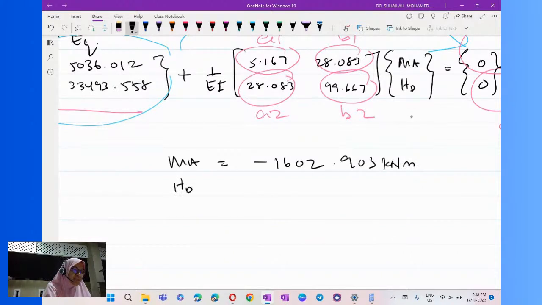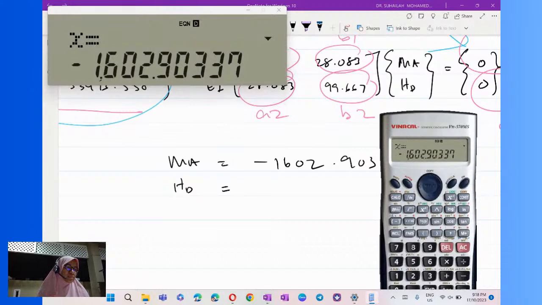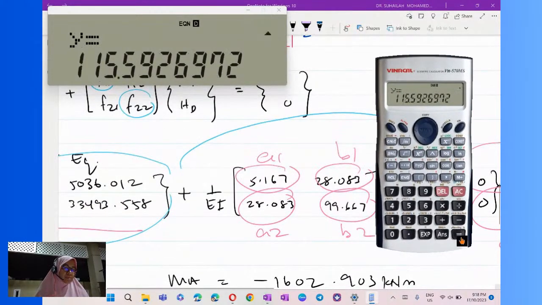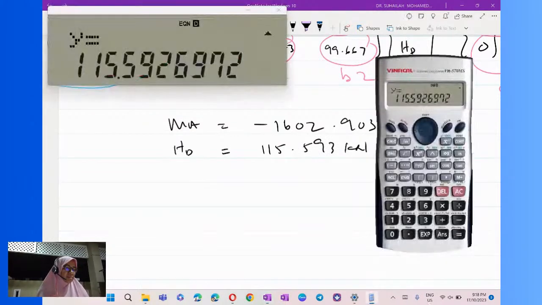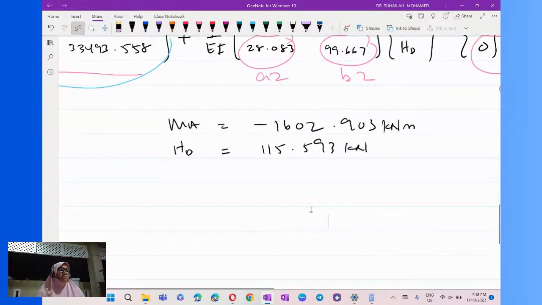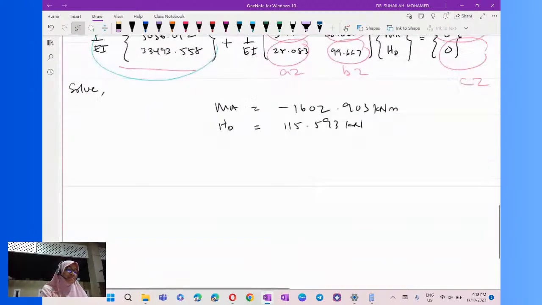And HD is equal to 115.593 kilonewton. This is the redundant: negative 1602.903 and HD is 115.593. What does it mean?